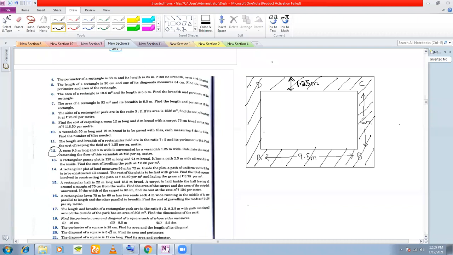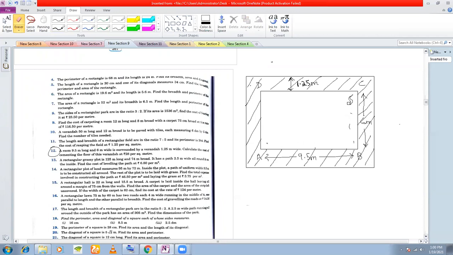Everyone understood the meaning of width of the veranda? Yes, sir. So these measurements are given to you. 9.5 meters is the length, this measurement, and 6 meters is the breadth. Okay.